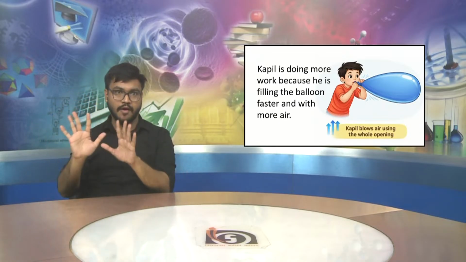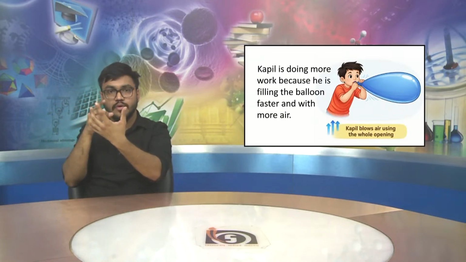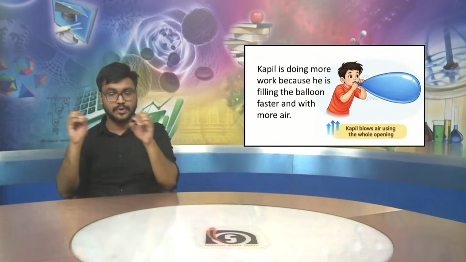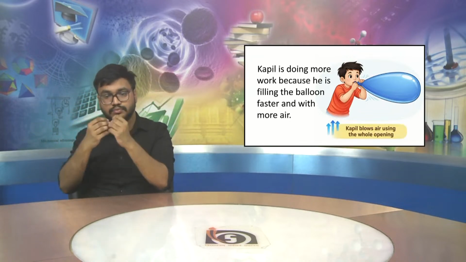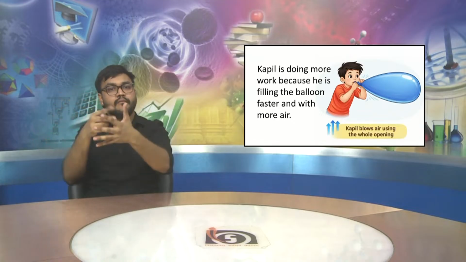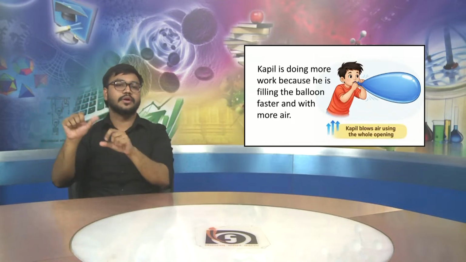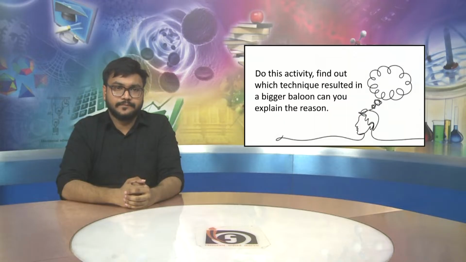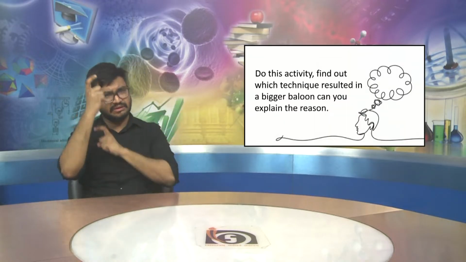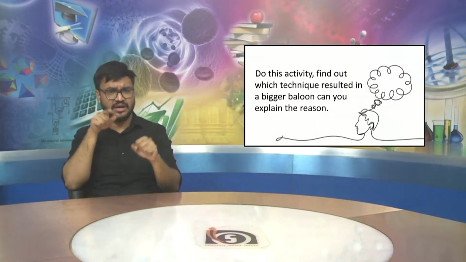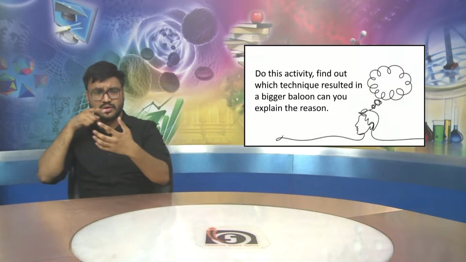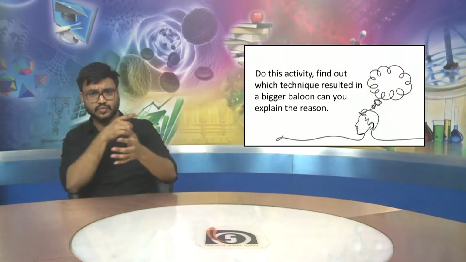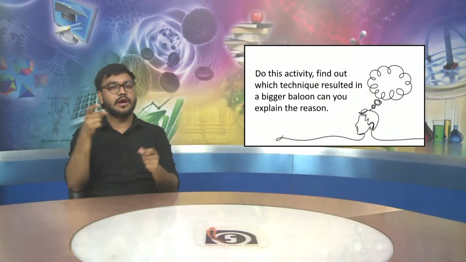And Kapil blows air using the whole opening, so he is doing more work, and his balloon filled faster with more air. Do this activity and find out which technique resulted in a bigger balloon. Can you explain the reason?